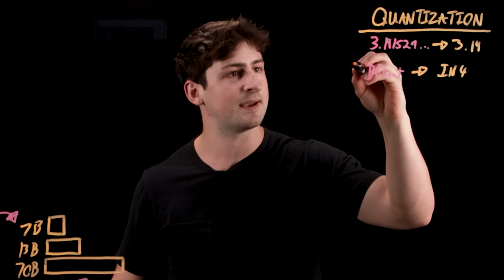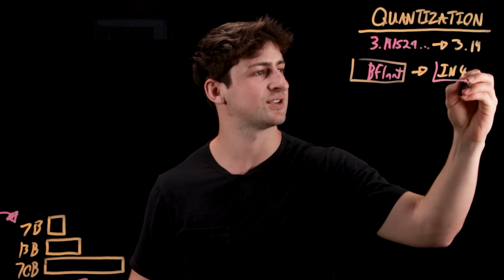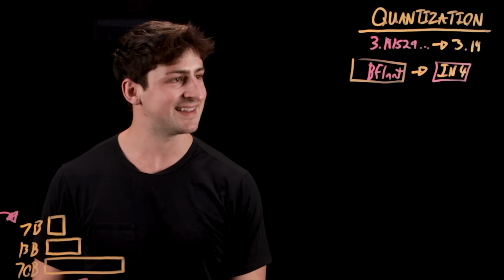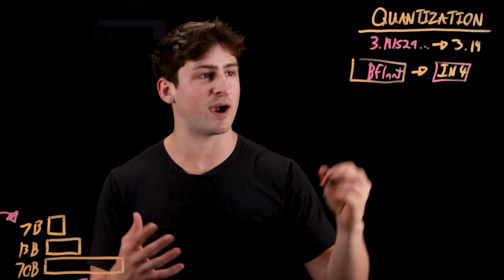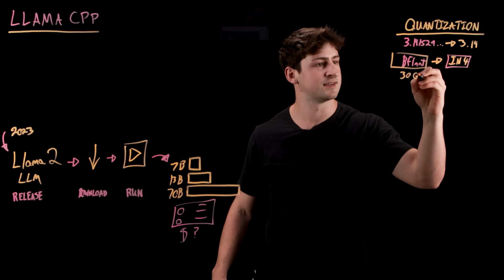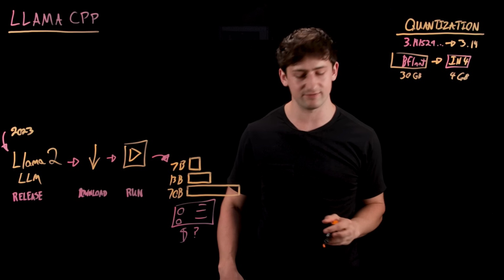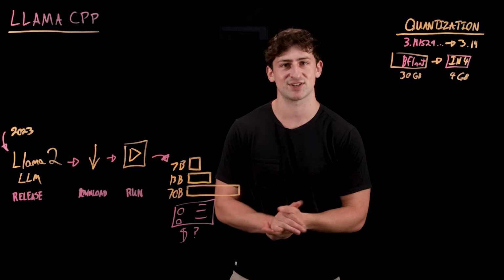And so we take a much bigger model and get it to a much smaller size. And this can take our capacity requirements for a GPU from, say, for example, 30 gigabytes of storage down to, say, 4 gigabytes of VRAM needed to run this model efficiently.